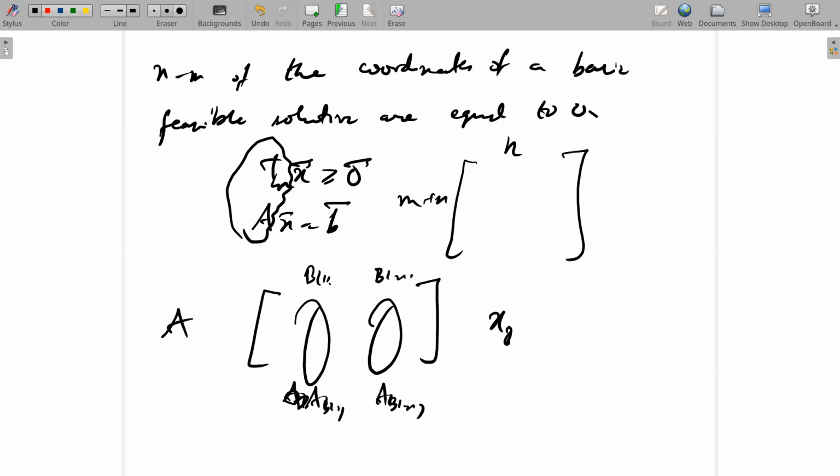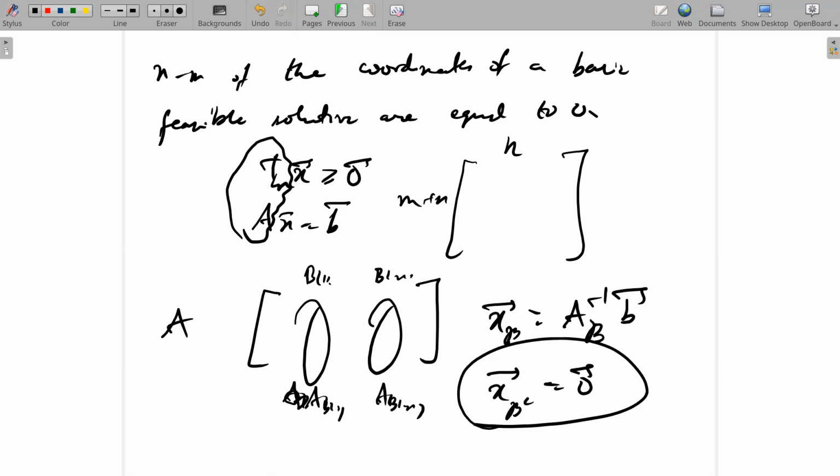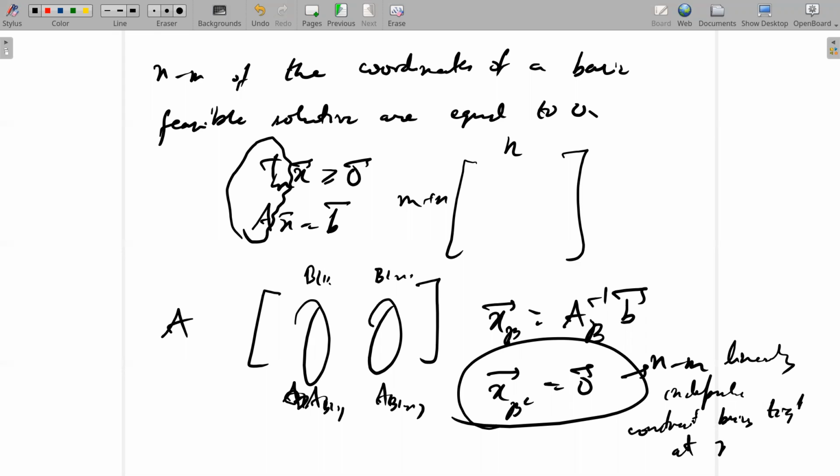And so XB was nothing but AB inverse of b, and XB complement, let's say, was set to be 0. So these were all tight, and this corresponds to n minus m linearly independent constraints being tight at x.